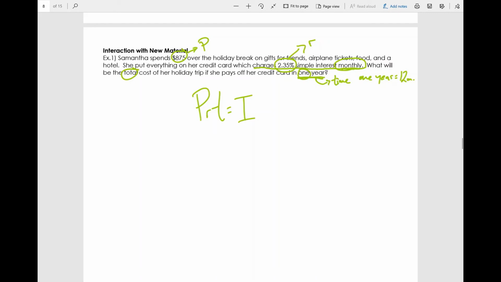Okay, so let's go ahead and plug this in. We have our principal, which is $875, times our rate, which is 2.35%, times our time, which is 12 months. And that should be your interest.